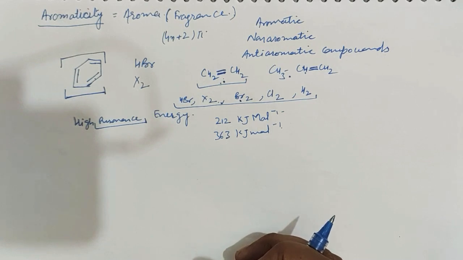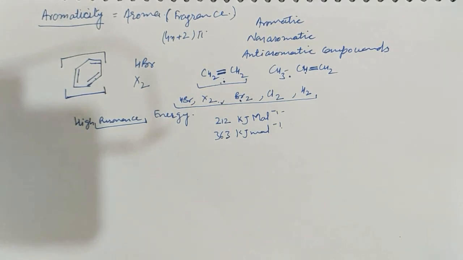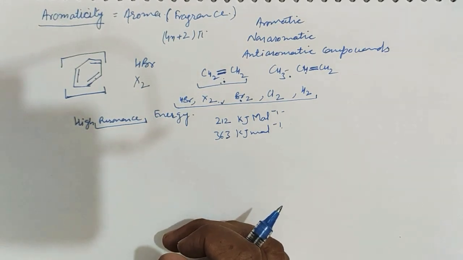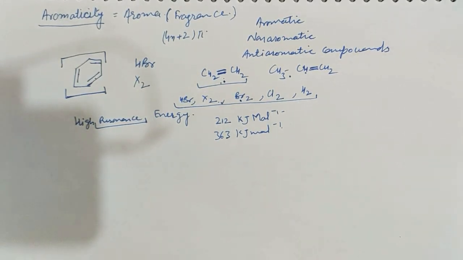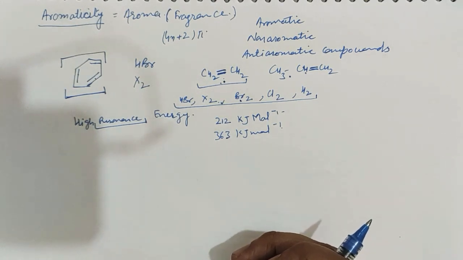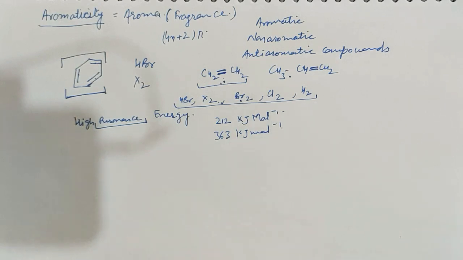The third point is that its heat of combustion is very large as compared to that calculated for cyclohexatriene. Hence there is considerable stability of benzene. This is another way of calculating the resonance energy. The fourth point is that it is a flat compound containing a conjugated system of double bonds with planar geometry that alone permits a full pi overlap.